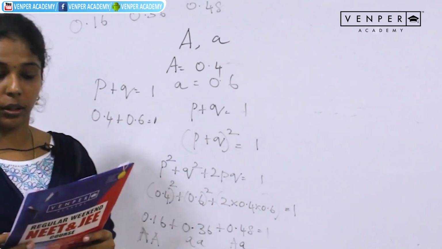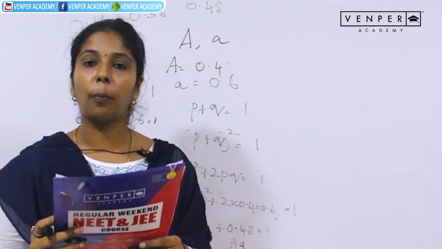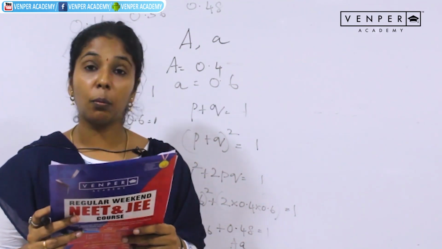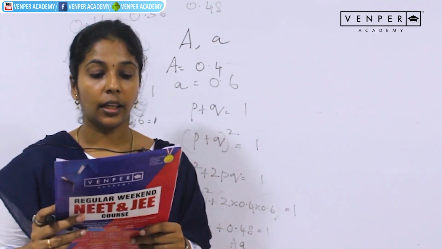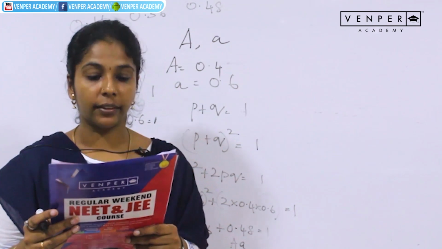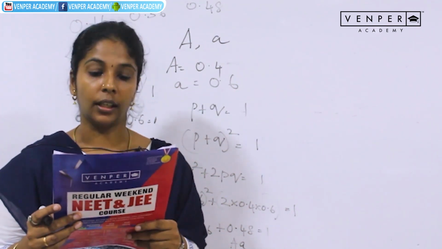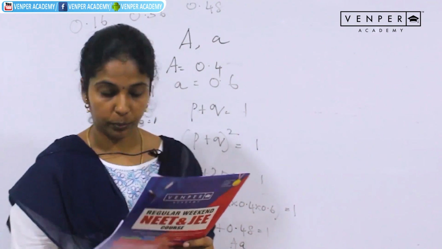So the answer for question number 95 is option 2. 0.16 is homozygous dominant, 0.48 is heterozygous and 0.36 is homozygous recessive. So the correct option is option 2.